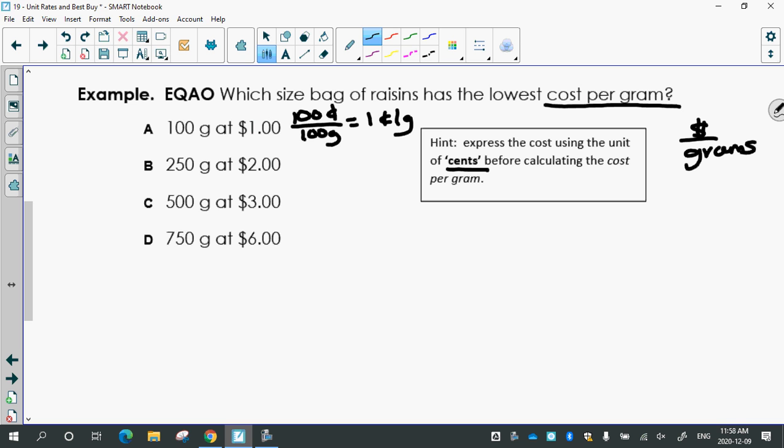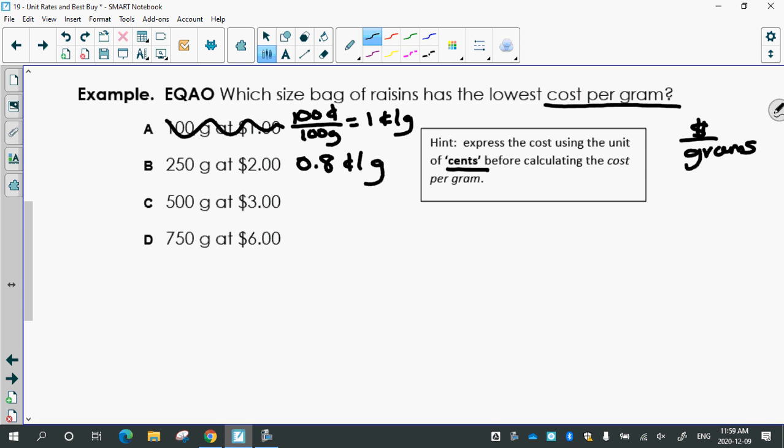And then I go to the next one. $2 is 200 cents, so I'm going to do 200 divided by 250, and that gives me 0.8 cents per gram. So I'm looking for the lowest cost per gram, so this one's lower than that one, so this one is already crossed off, okay? Because I already found a lower one than that one.